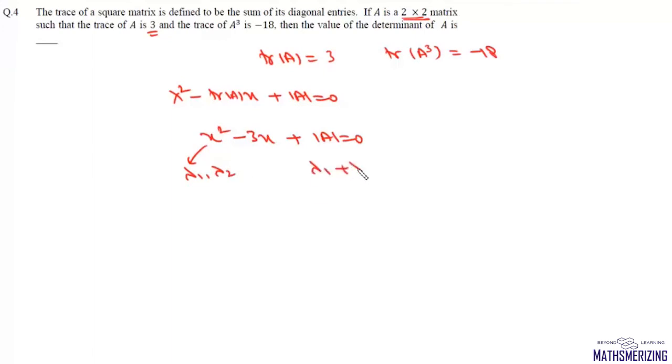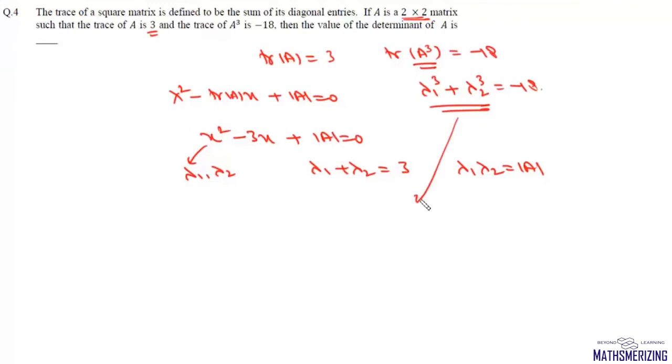So lambda 1 plus lambda 2 is 3, and lambda 1 into lambda 2 will be simply determinant of A. Now it is given that trace of A cube is minus 18. Now trace of A cube is nothing but sum of eigenvalues of A cube, which is lambda 1 cube plus lambda 2 cube, and it will be equal to minus 18.